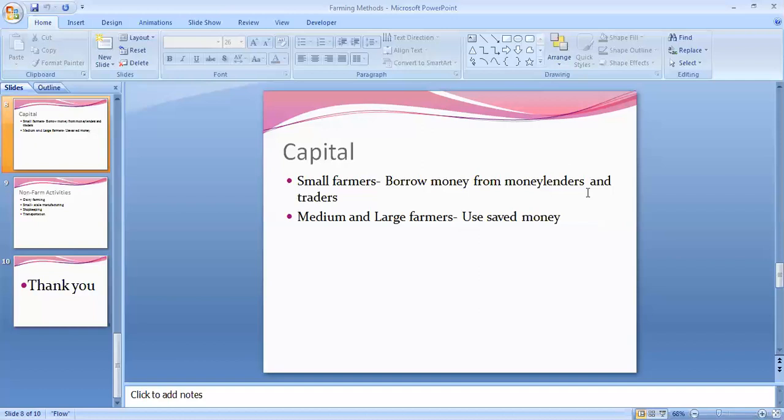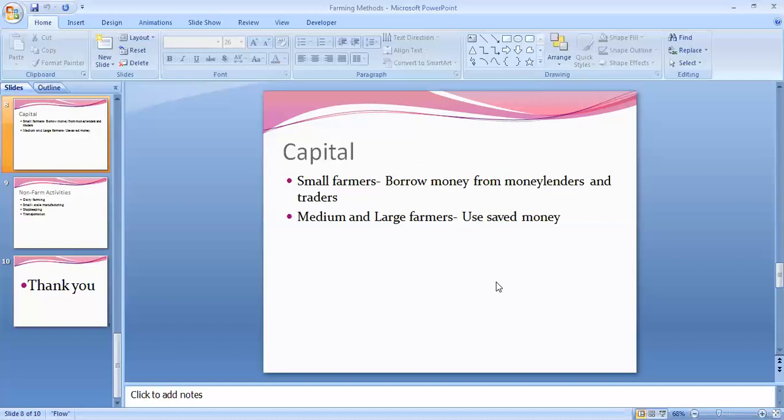And sometimes with this loan, the small farmers' condition becomes worse, because sometimes the small farmers get caught in the debt trap. Sometimes it is difficult for them to repay the loan, which results in harsh conditions for the small farmers.